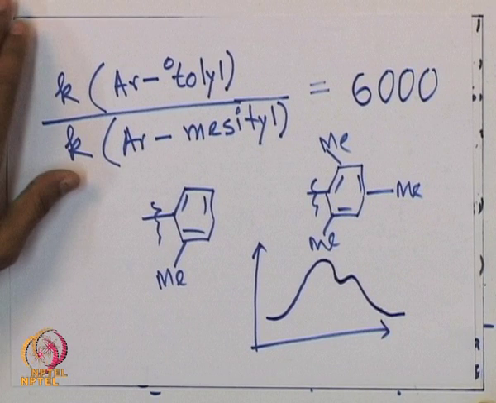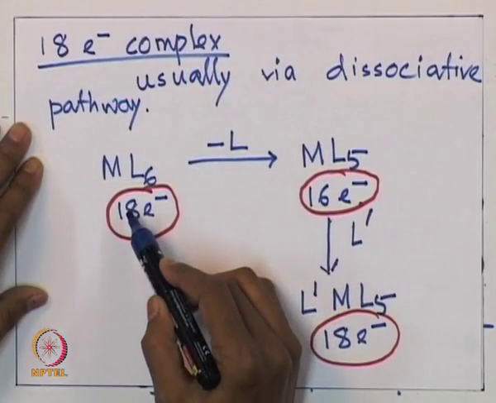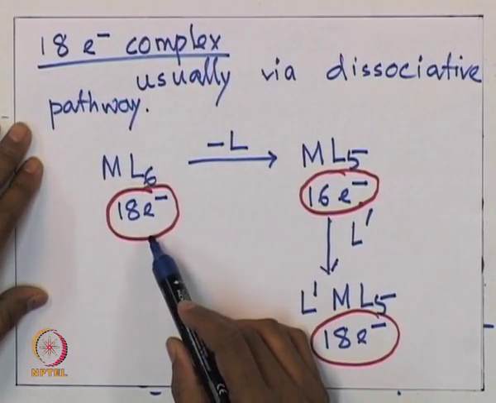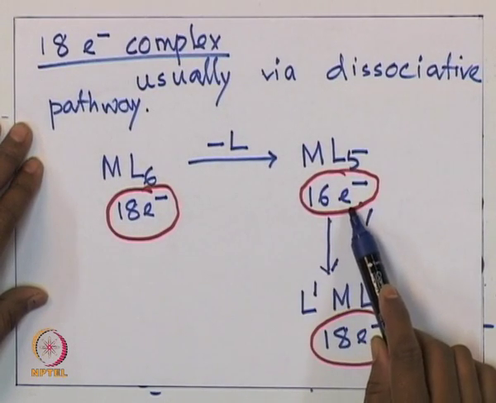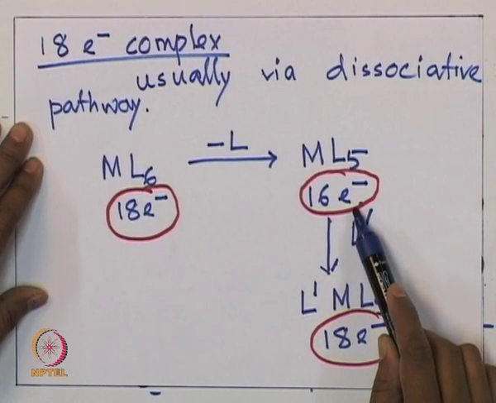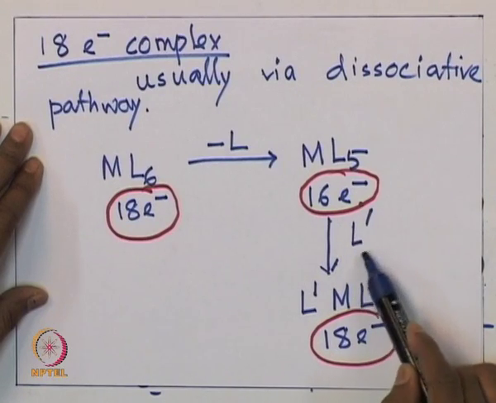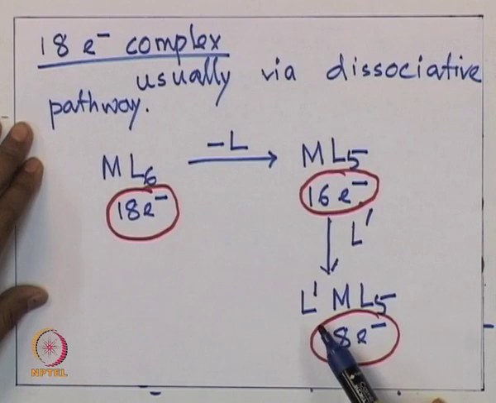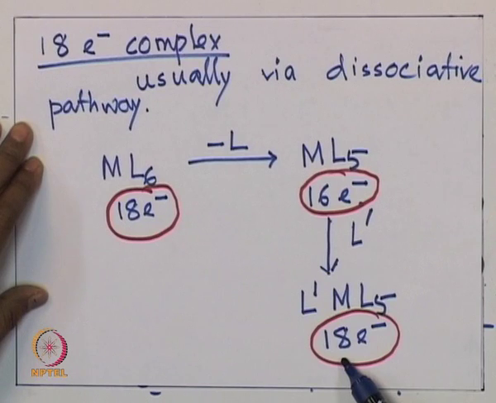Let us go back to the 18 electron complex. We are trying to tell you that an 18 electron complex will usually react via a dissociative pathway. Thereby, ML6, which is an 18 electron complex, will dissociate one of the ligands to give you the 16 electron complex, and this 16 electron complex then will react with the outside or exogenous ligand L prime in this case to give you L prime ML5 complex, which is again an 18 electron complex.